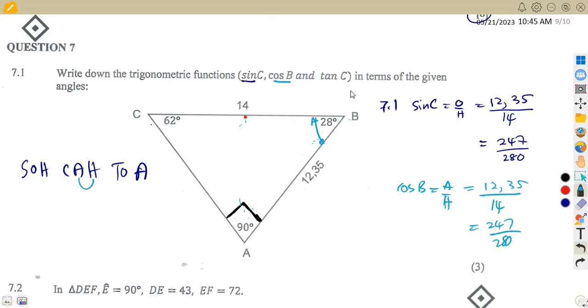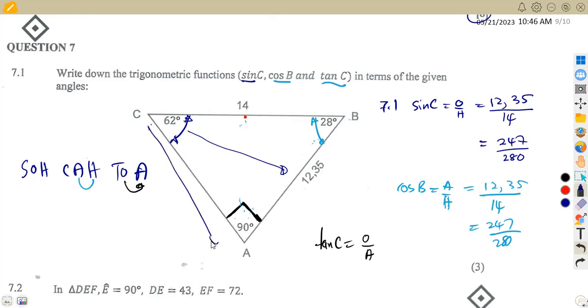Then the other part is tan C, tan of this angle C. From the ratio of tan, we've got opposite over adjacent. According to this C, which is 62 degrees, this is the opposite side, over the adjacent, which is this side here.